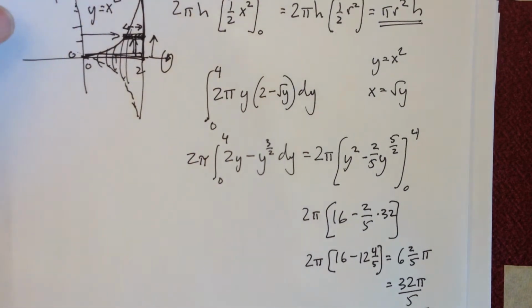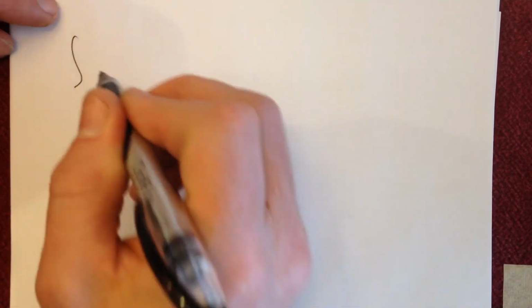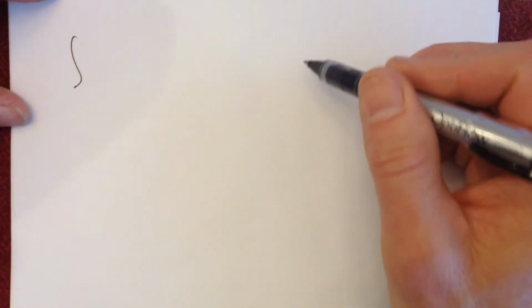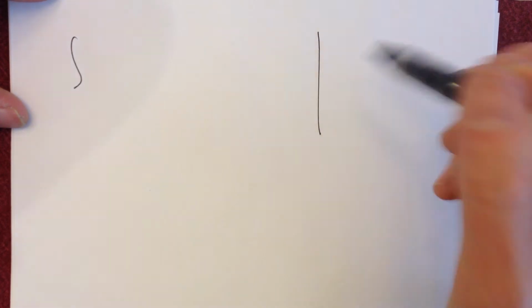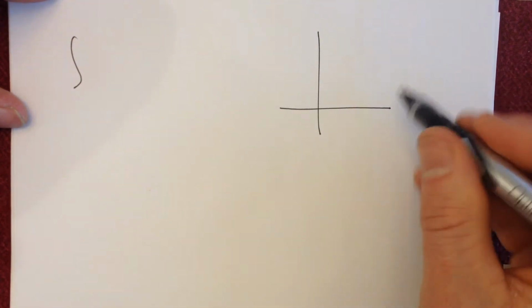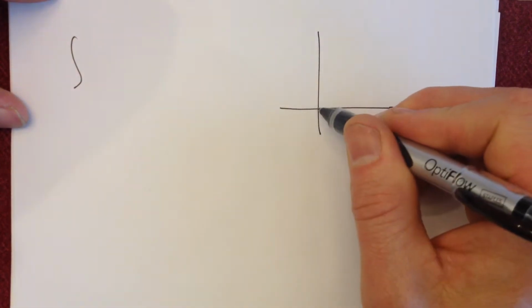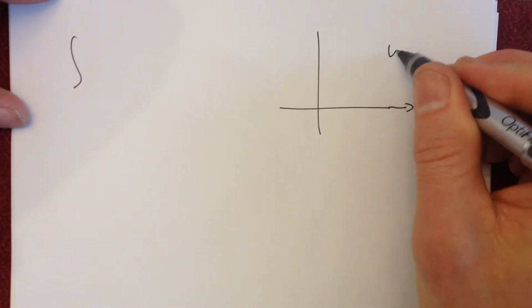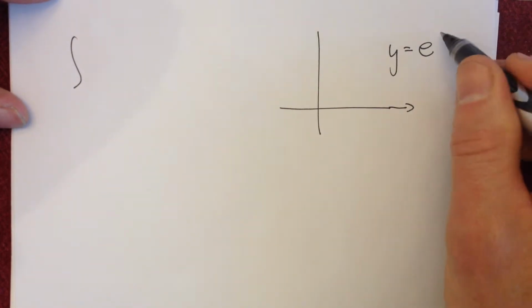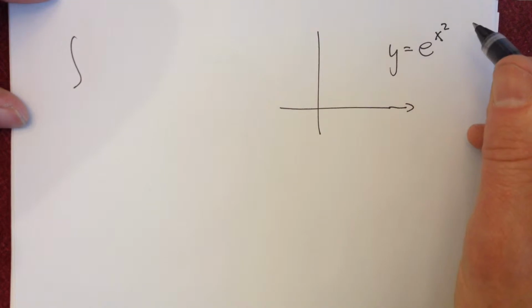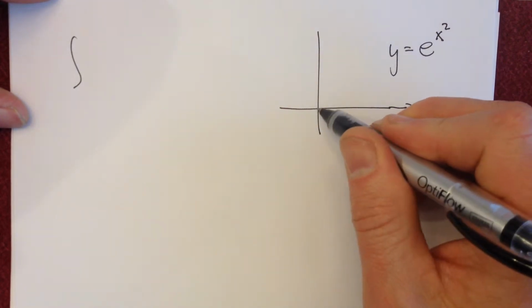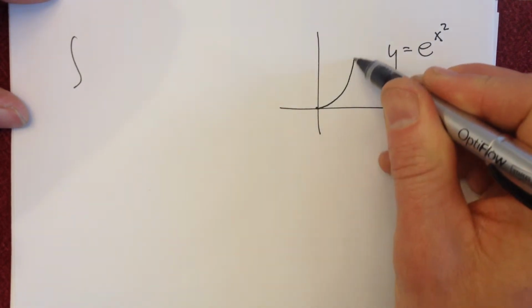All right. So a similar problem, but different, would be maybe one that is integrating a shape, let's say, I think this is similar to one of your homework problems. If we have y equals e to the x squared, that is zooming way up steeply.